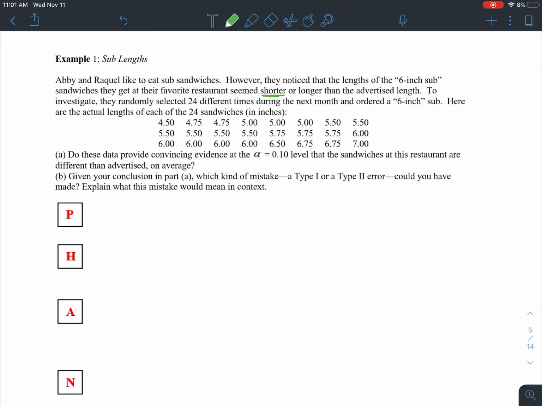Notice on either side, they just weren't really at that 6-inch mark. To investigate, they randomly selected 24 different times during the next month, and they ordered a 6-inch sub. And here are the actual lengths of each of those 24 sandwiches in inches.